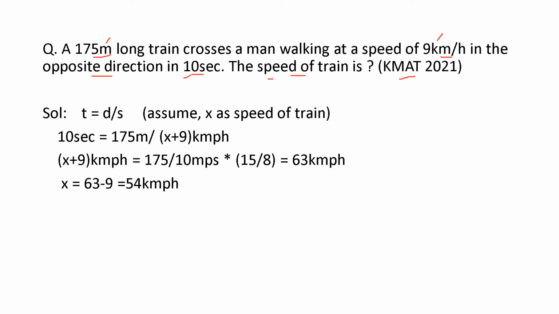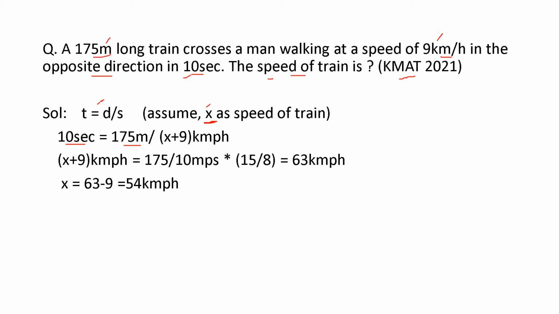We know the formula: time is equal to distance by speed. Assume x as the speed of the train, which we have to find out. Speed of the man is given as 9 kilometers per hour. Time given is 10 seconds. Distance is 175 meters.